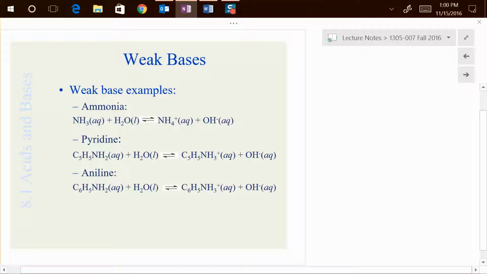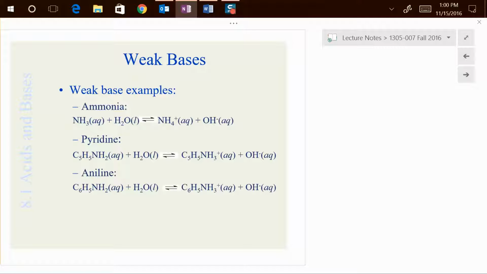Here are some weak bases. Ammonia is a weak base because it has an equilibrium. You can create that equilibrium. Okay? These are other weak bases. Pyridine, aniline, those are weak bases. Okay? You can see here that I have one more hydrogen here than I do here.